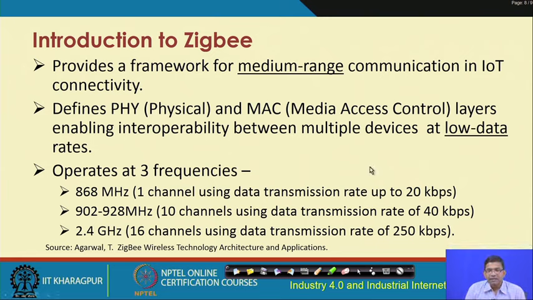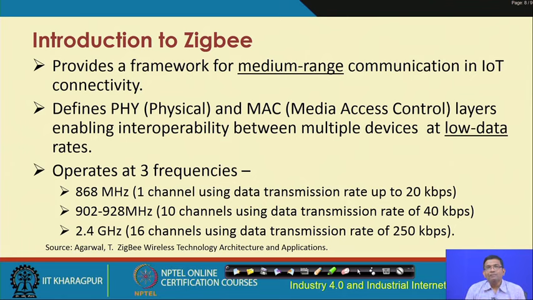It defines the physical layer and MAC layer characteristics, enabling interoperability between multiple devices at low data rates. So, Zigbee offers low data rate, medium range communication capabilities between IoT devices by defining certain characteristics in the physical layer and the MAC layer.